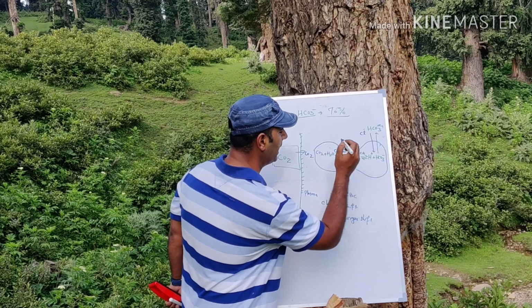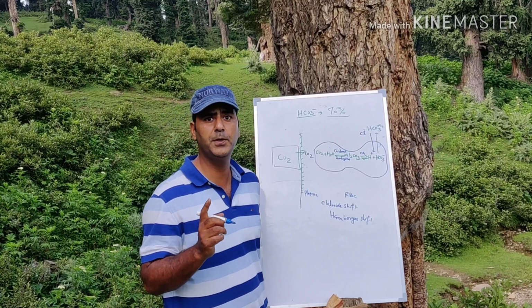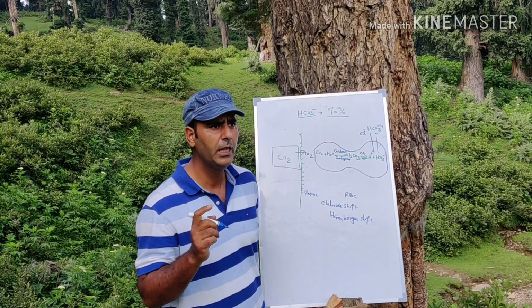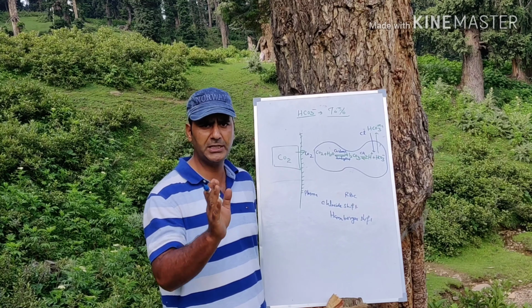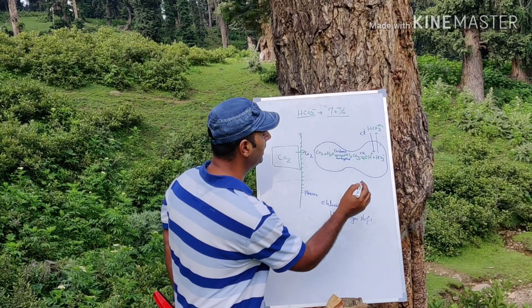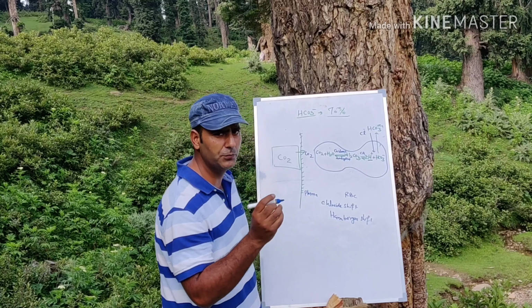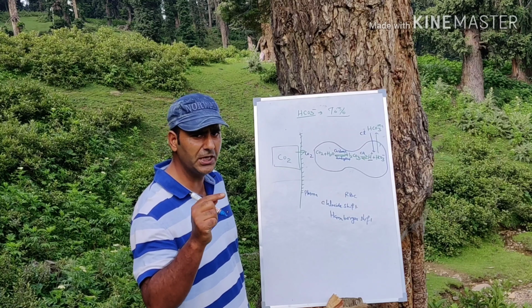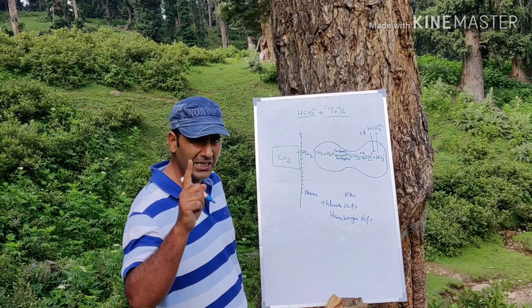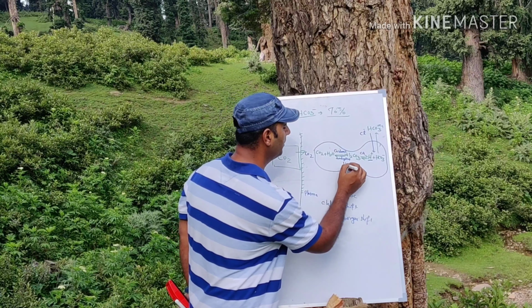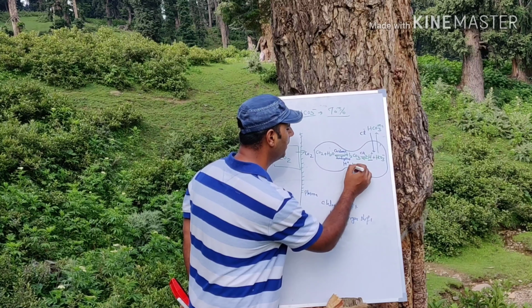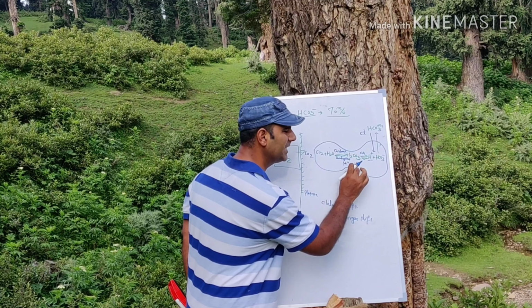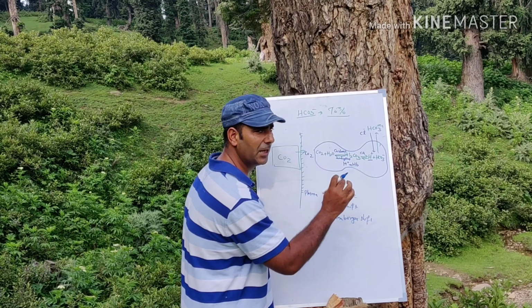Now the question is about this H positive. We know blood has a constant pH. Blood has a pH of 7.4, and we cannot expect blood to be acidic or to be more basic. So the pH of the blood almost remains constant. But if this H positive remained as such, there would definitely be a decrease in pH and acidity in the blood. Really it does not happen because the hydrogen ion is buffered by the hemoglobin present inside the RBC, and it forms HHb.